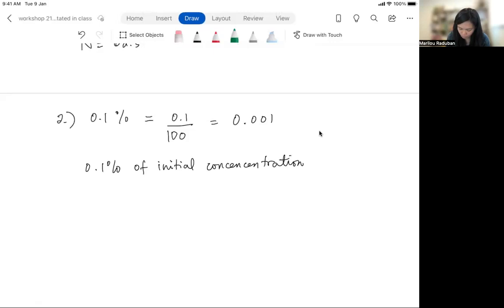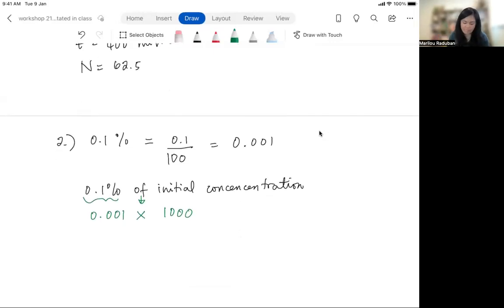It's 0.001, or 0.1 divided by 100, of, which when you read it off means times, the initial concentration N0, which is 1,000.